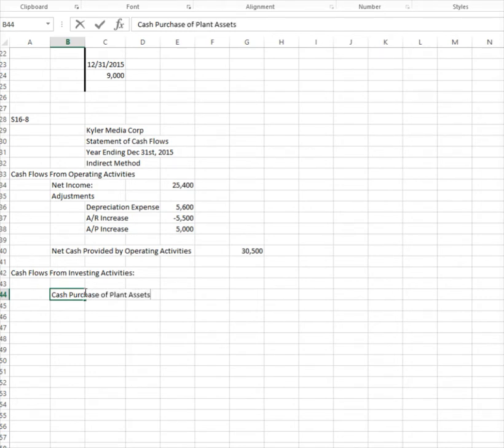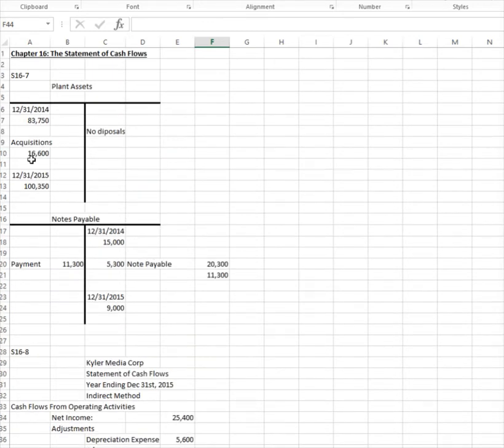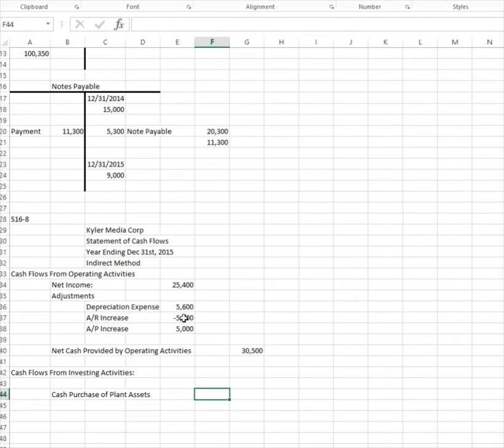We know it's a cash purchase because we didn't see any of our liabilities increase by that amount. And I said that was for $16,600. So that's going to be a negative there. And we'll just carry that down.